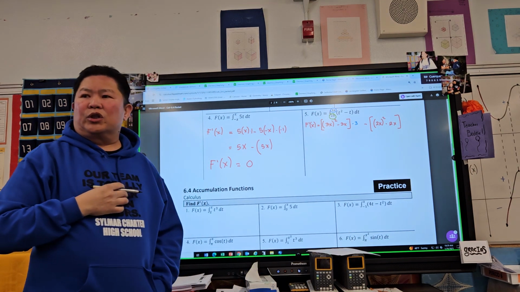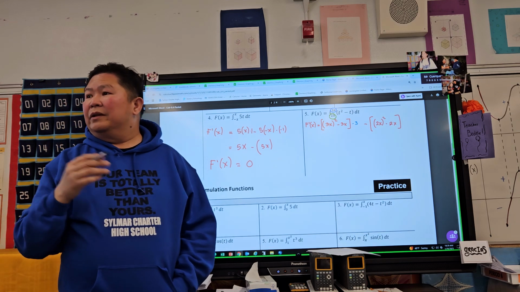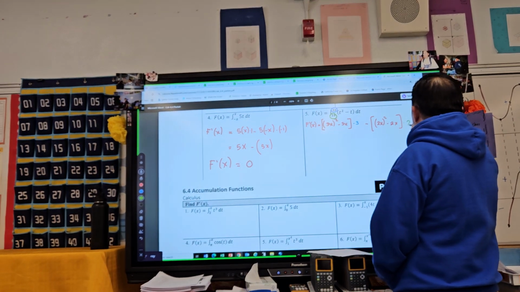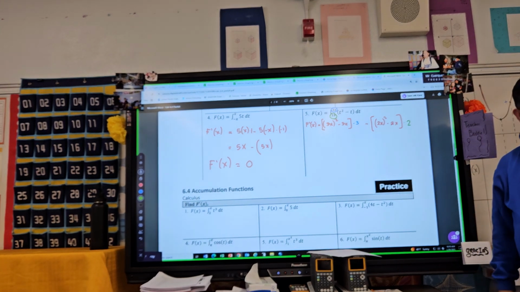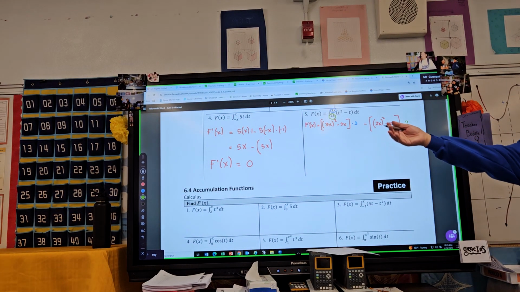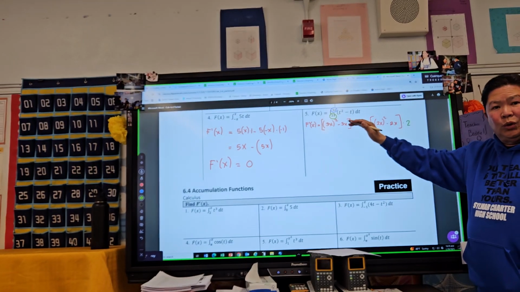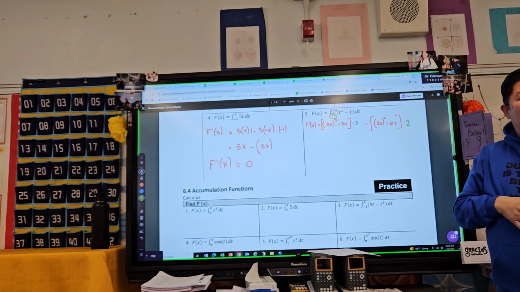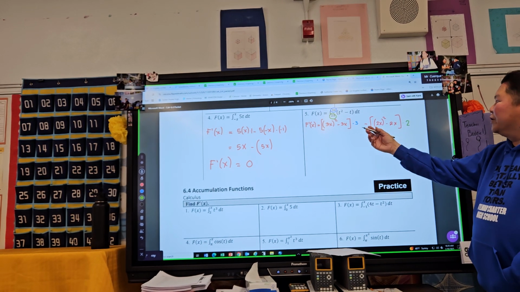That gives you 2, right? Clear now? So this is times 2. And then what's next? We're done with calculus. We apply the rule, and next is algebra.